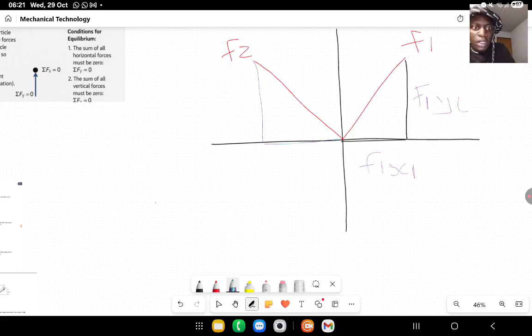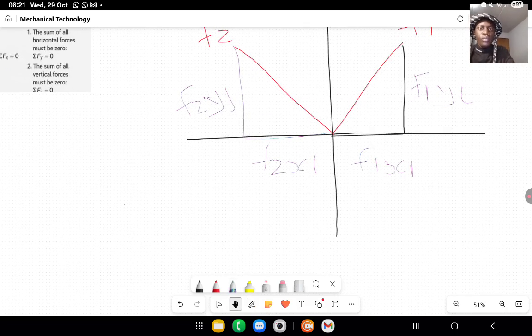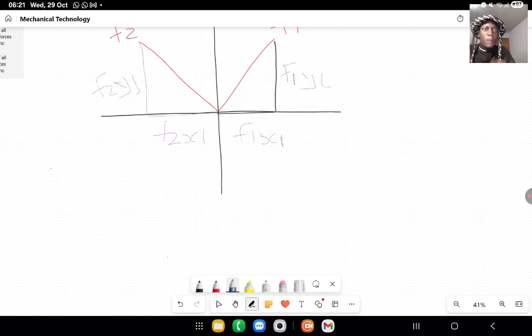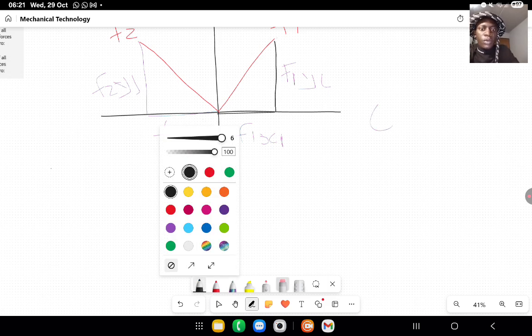Here we can call this F2x i. Here we can call this F2y j. Okay, these are our components.